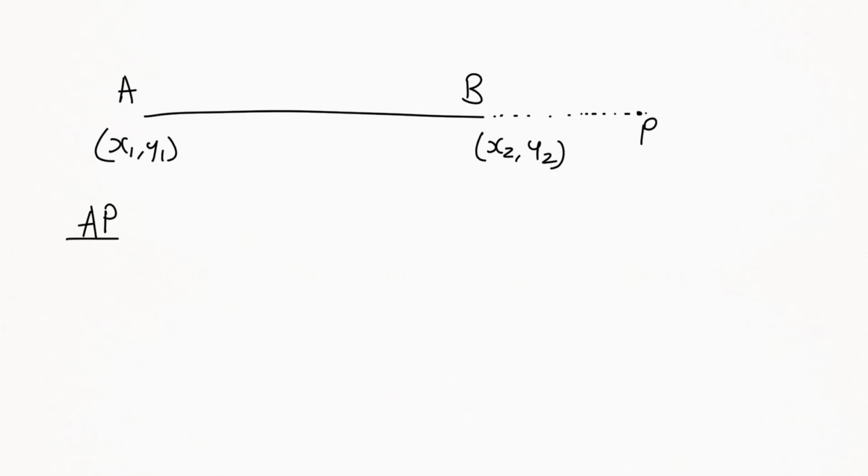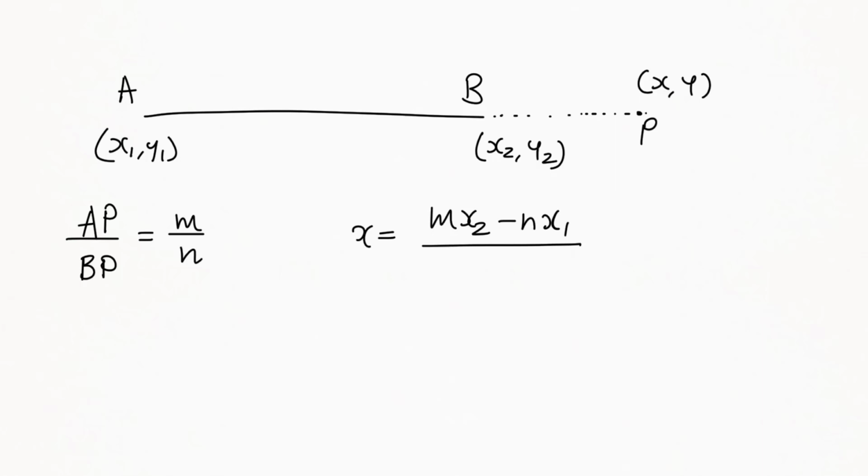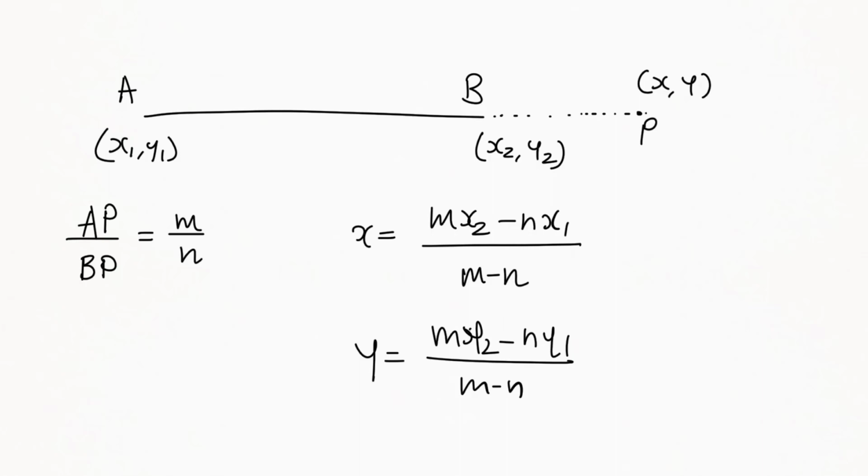AP over BP is m over n. So this is external division, and to get this point, the formula is exactly the same with a negative sign: mx2 minus nx1 over m minus n, and y is my2 minus ny1 over m minus n.